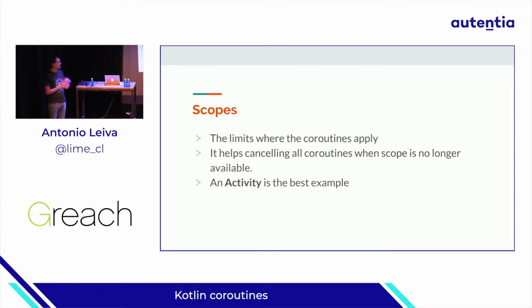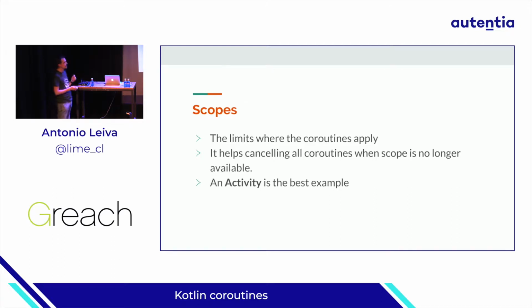And when the activity is destroyed, probably the requests that we are doing inside that activity are no longer valid or no longer necessary. So it would be a waste of time, and also in the case of Android, a danger to continue running those requests, because if we try to update the UI when the activity is destroyed, it will throw an exception.